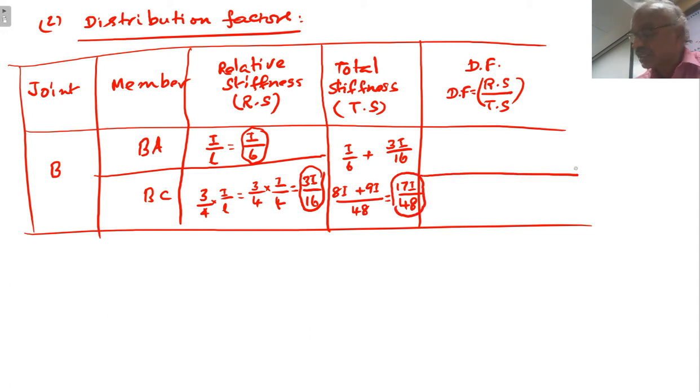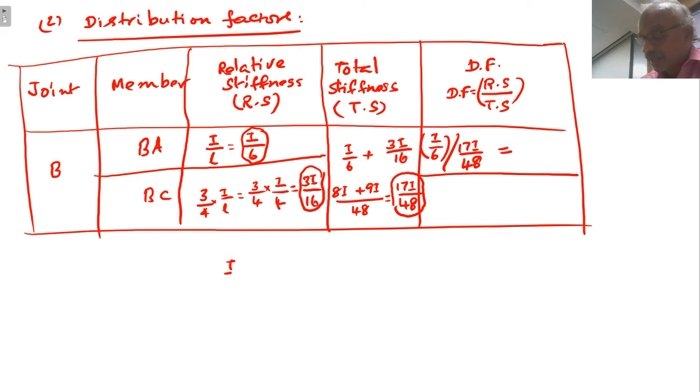Now we have to find the distribution factor. For getting the distribution factor, the relative stiffness I by 6 is divided by 17I by 48. For convenience I will make use of this space. So it is I by 6 into 48 by 17I.